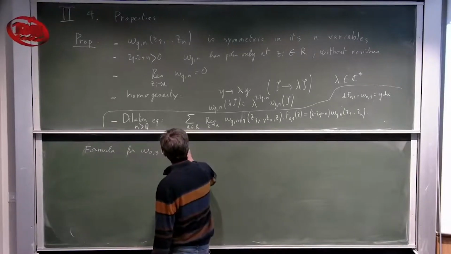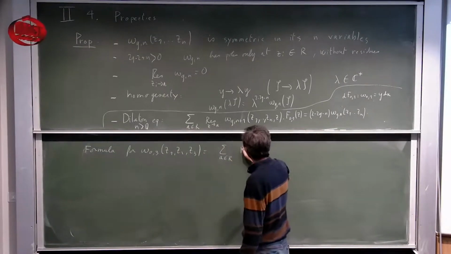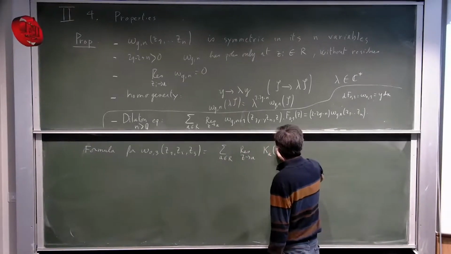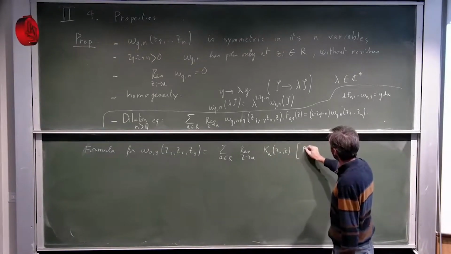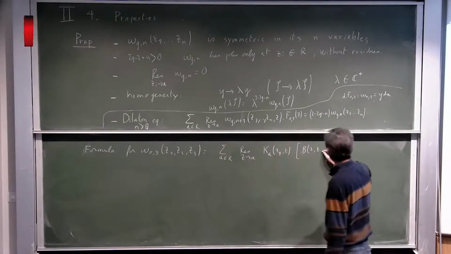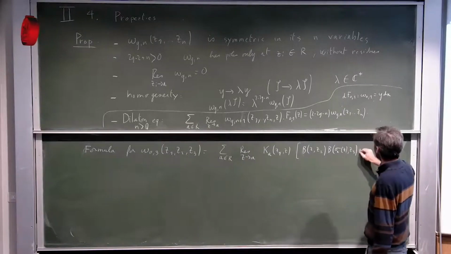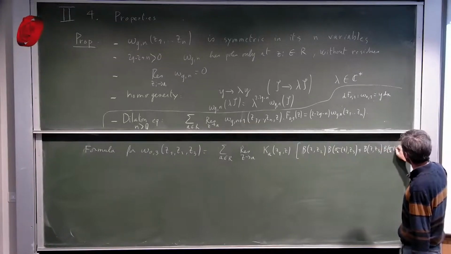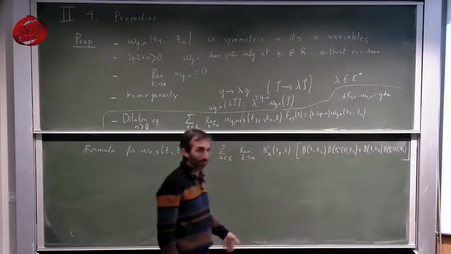Remember that omega_{0,3} in my definition was, by definition, the sum over A of the residue when z goes to A of K_A(z0, z) times B(z, z1) B(σ_A(z), z2) plus B(z, z2) B(σ_A(z), z1). That's the definition of topological recursion which I erased.